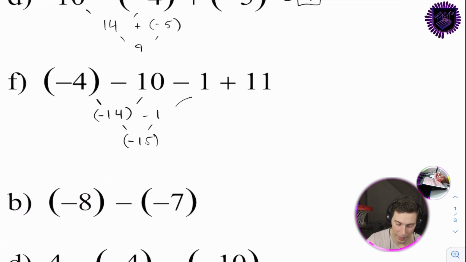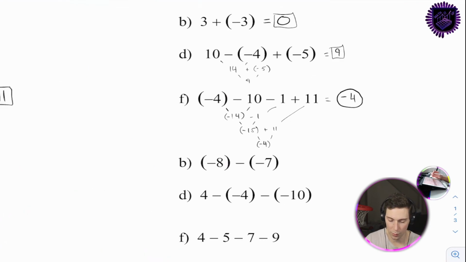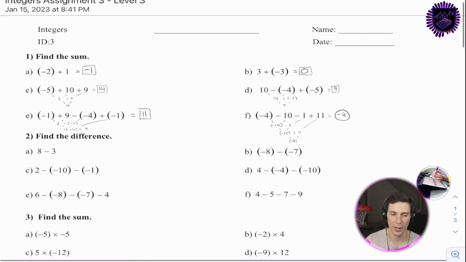And then we're going to add 11, so -15 minus 11, right? I'm using subtraction and then keeping the sign of the bigger number. So that's going to be 4, -4. So our answer is equal to -4. Circle or square my answer just so I know where my answers are.